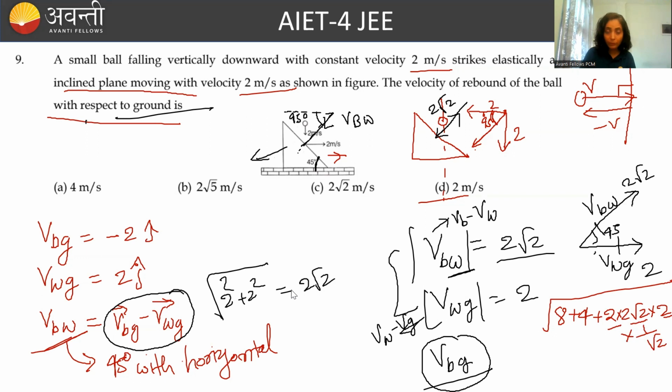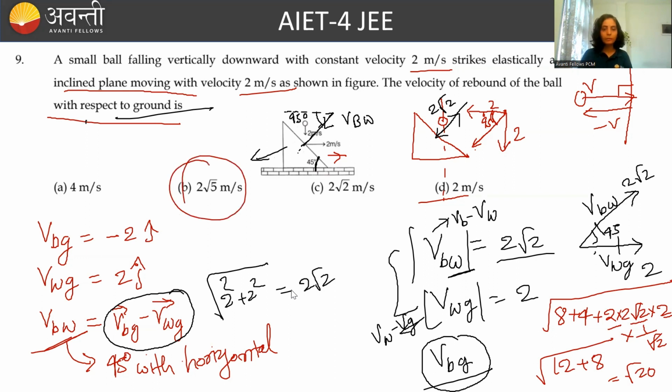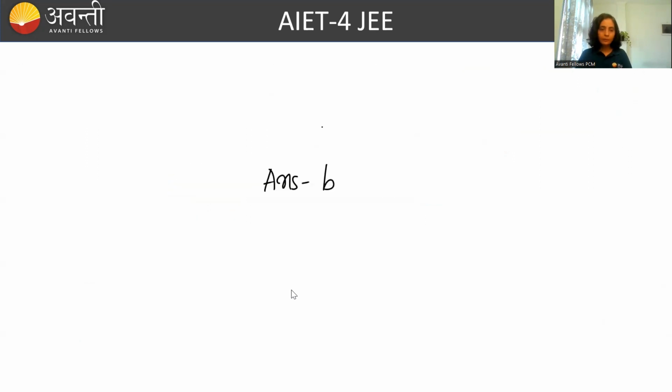So how much value are we going to get? This is 12 plus 8, root of 20. And if you solve root 20, it will be 2 root 5. So the correct answer will be this. Okay, I hope it is clear.